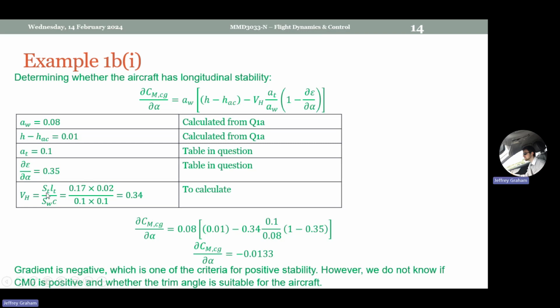BH, as you can see, so the tail area, its arm, wing area, the chord length, all multiplied together gives us 0.34. AT being the lift curve slope for the tail, you can say that's 0.1. Gets given in the initial data, along with our downwash. So trim graph gradient is negative 0.133.